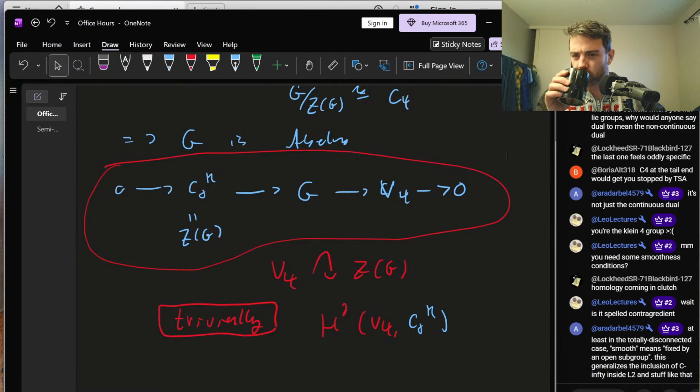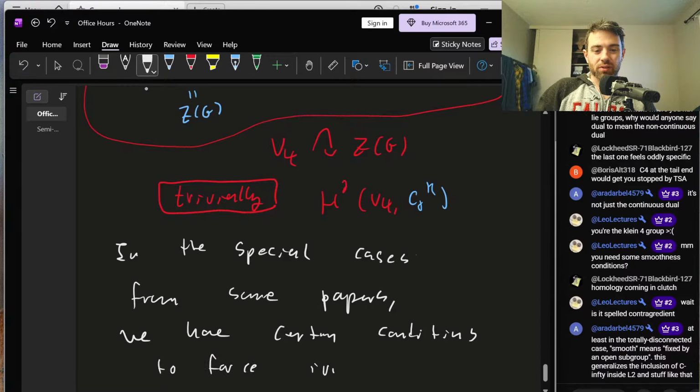Okay, so what do we have? In the special cases, from some papers, we have certain conditions to force representations of degree 2.